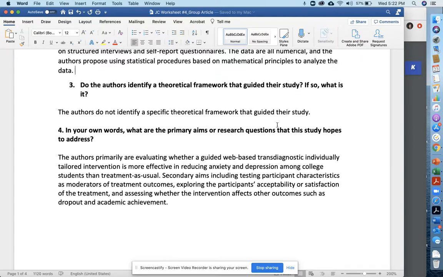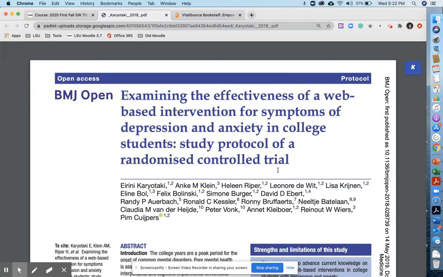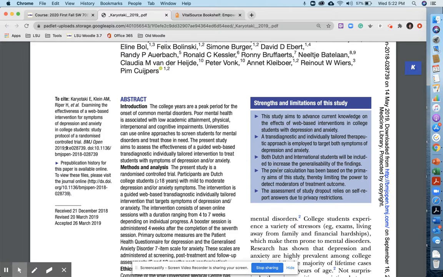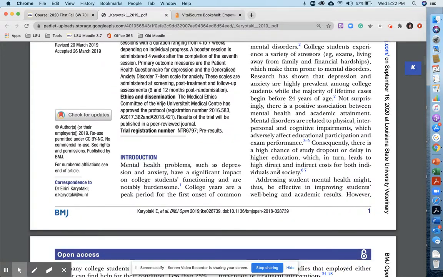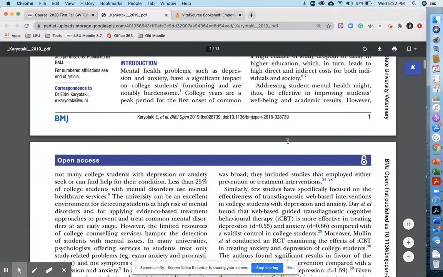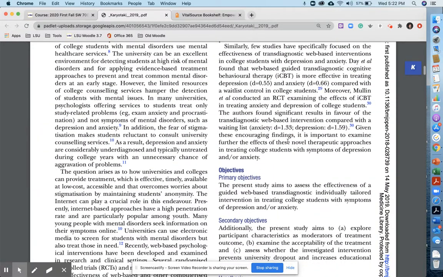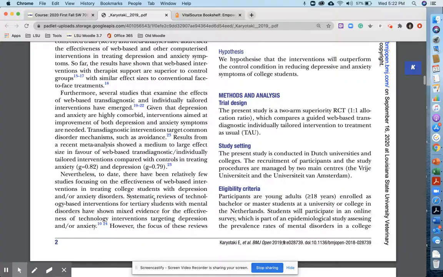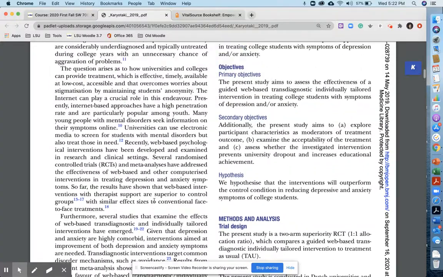Number 3, do the authors identify a theoretical framework that guided their study? Let's switch back to the article and take a look. Usually you will find this information in the literature review. So if we look at the introduction, keep scrolling, I'm looking for the word theory, and I'm not seeing it.